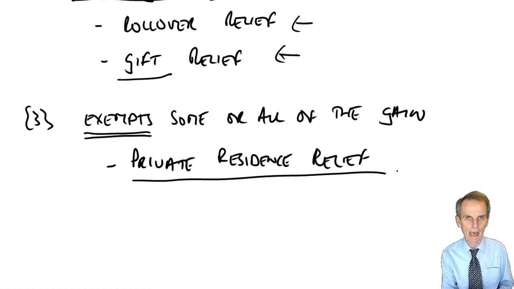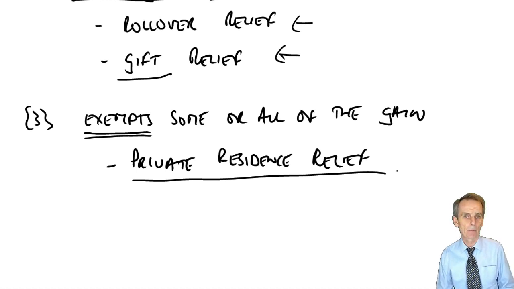We've got a higher tax rate applicable to residential property gains rather than any other assets. And as we've seen, not only do you pay more tax, you pay it a lot sooner than you would pay the tax on any other assets, because we've got those payments on account on the disposal of residential property that also have to be paid by such a taxpayer.